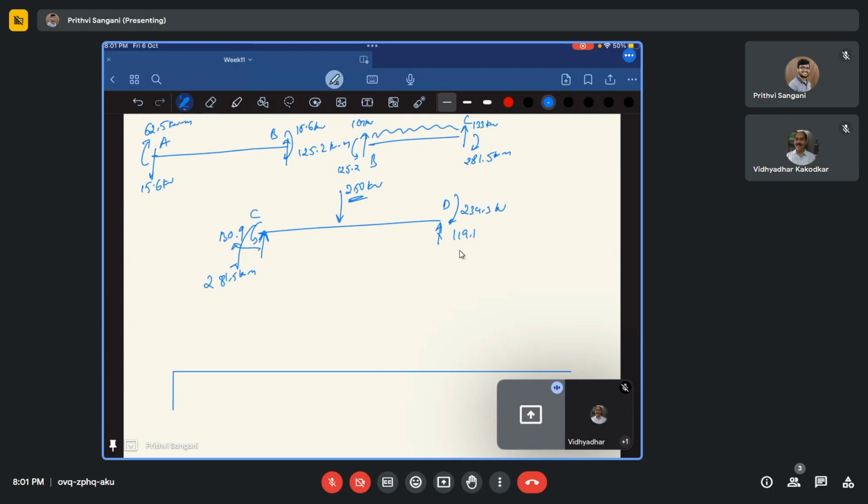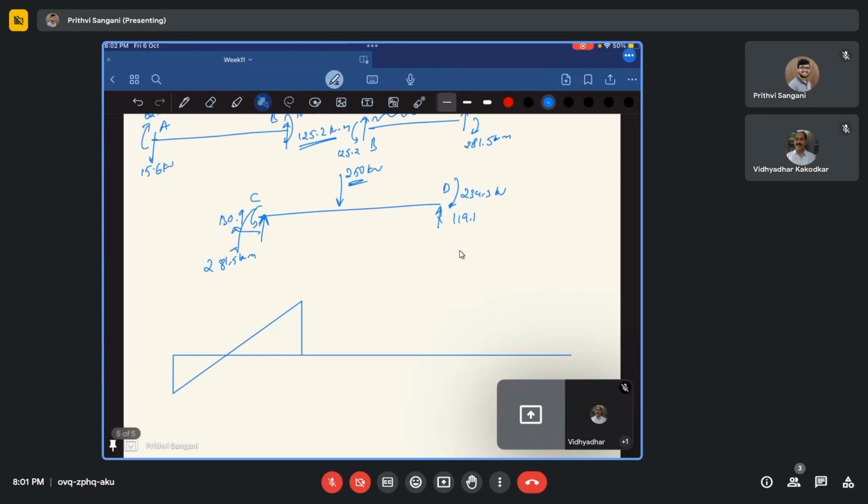And then at B it is again on the top side, and that is 125.5. So what I'll do is at B it is almost twice. So this is something like this, and this is going to be linear. Why is it linear? Because there is no force acting in between the span AB. Okay, so I'll just label it once I'm done.